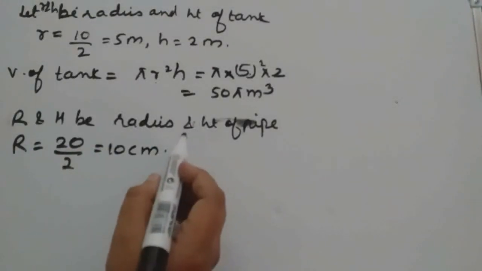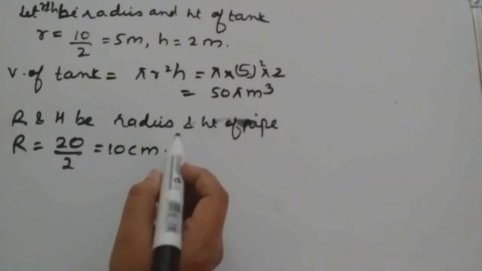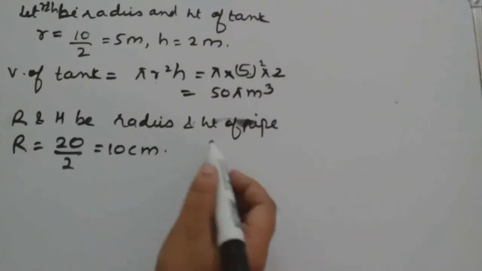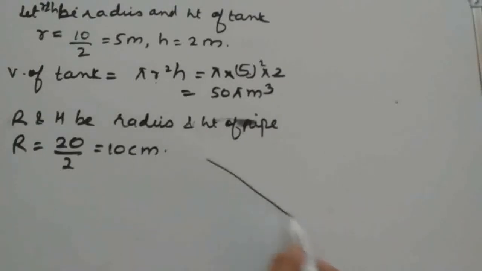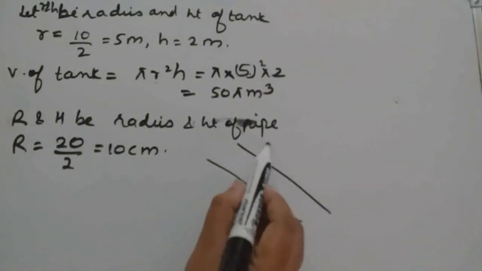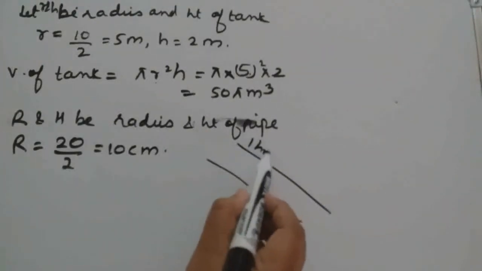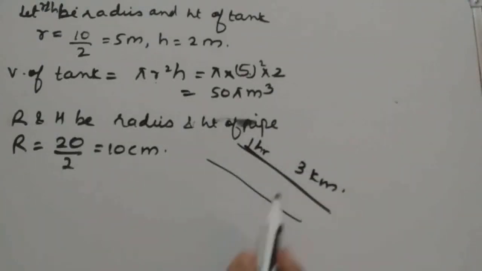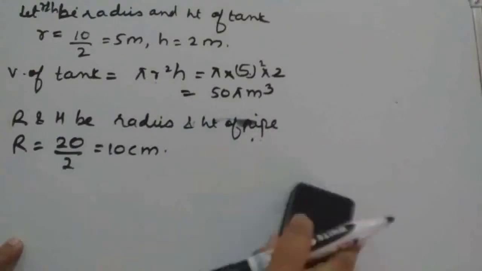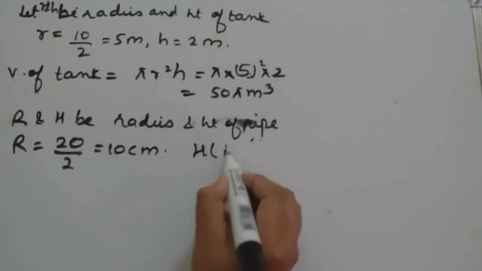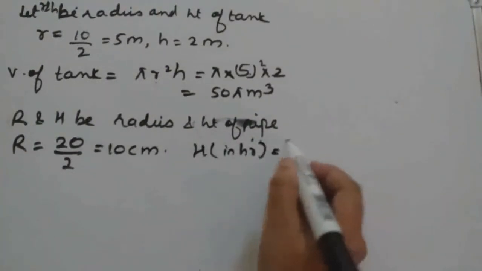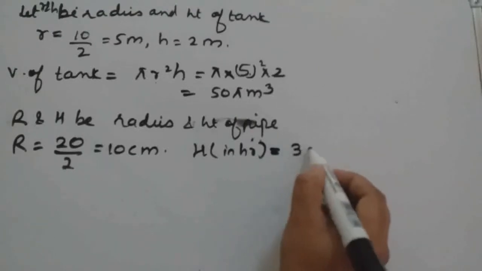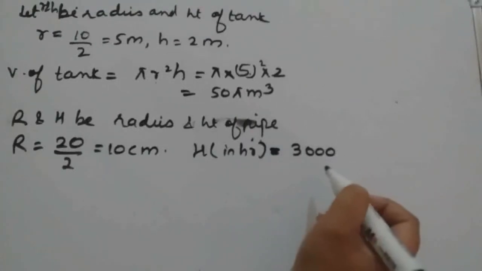Now what is given? Water flows through the pipe at the rate of 3 kilometer per hour. That means in 1 hour the height we can take is 3 kilometer, which is 3000 meter.